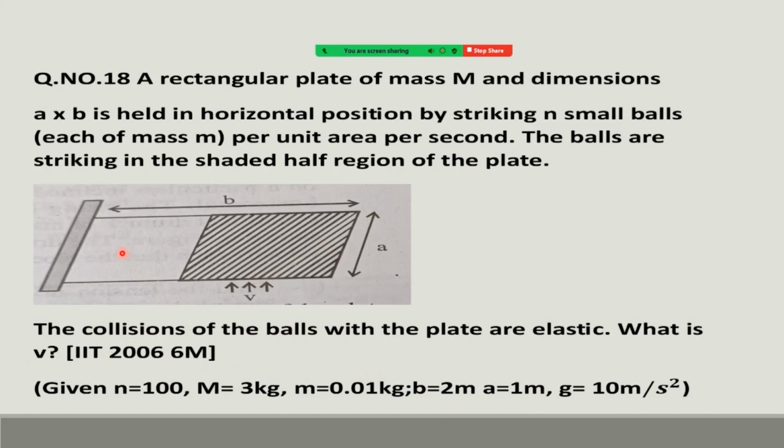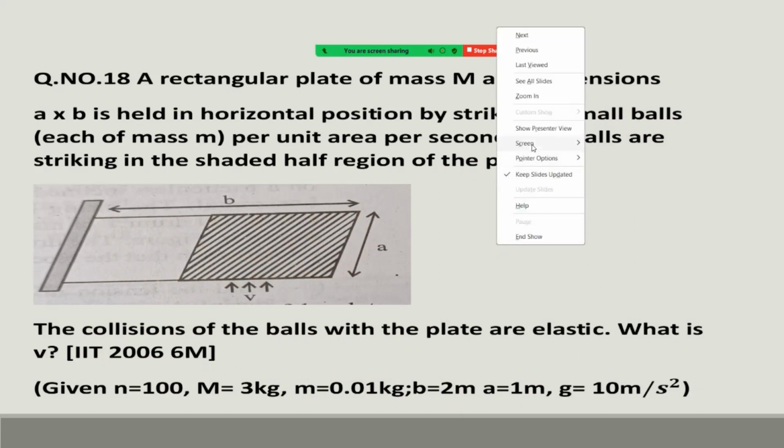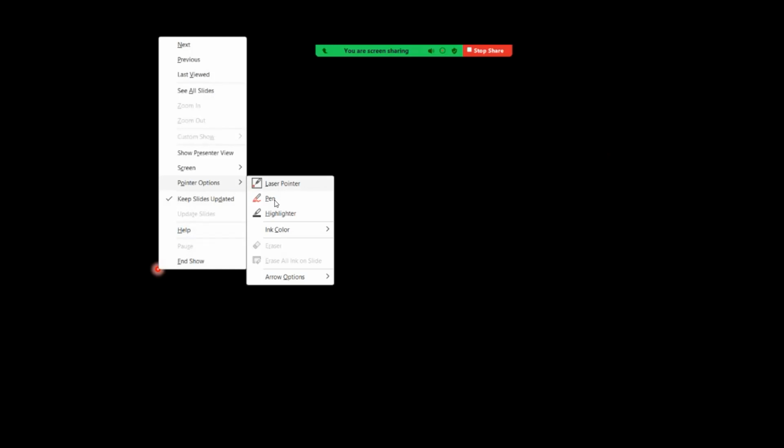So here the key point is that this plate is held in equilibrium, right? With the help of these small balls which are striking it. So this is in equilibrium, so net force is 0 and net torque is 0. Let us see. Right.